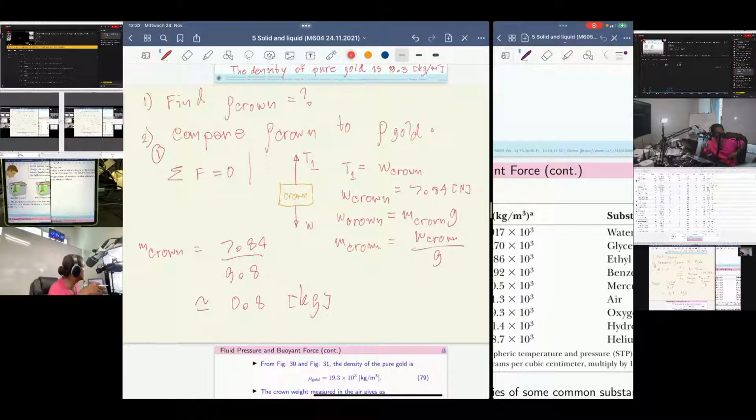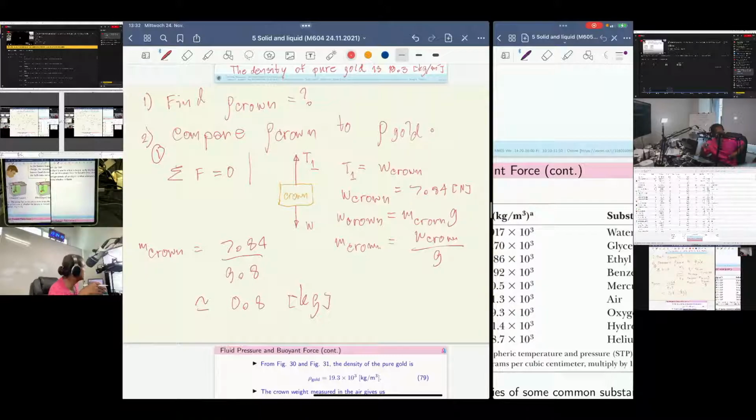Let's draw the force diagram for this object. It is a crown, right? But right now, in the second situation, second experiment, of course, according to what we have learned, there will also be the buoyant force, right? Buoyant force up.